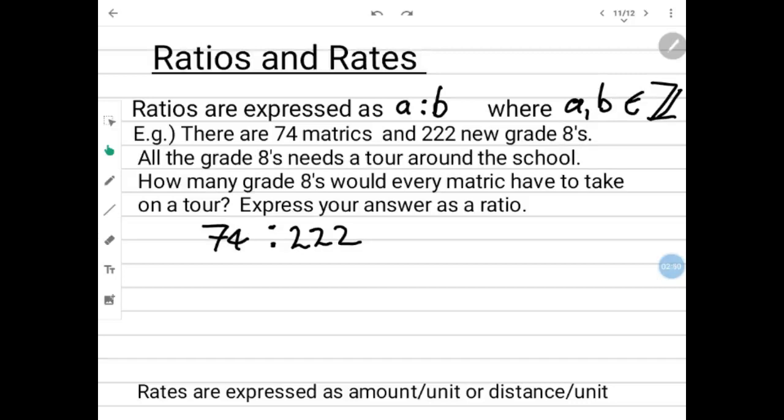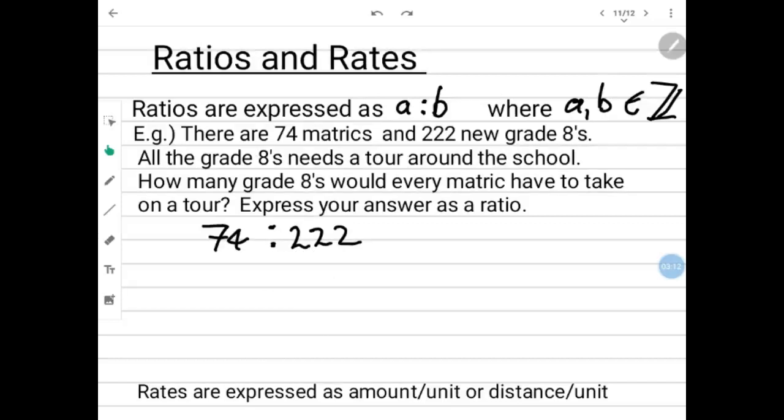So we want to see what is actually the highest common factor between 74 and 222, right? We've done that yesterday in the previous lesson. So what's the highest common factor between these two? You can go do the whole calculation like we've done yesterday. That's fine. That's actually 100% if you do that. I'm going to tell you now what it is.